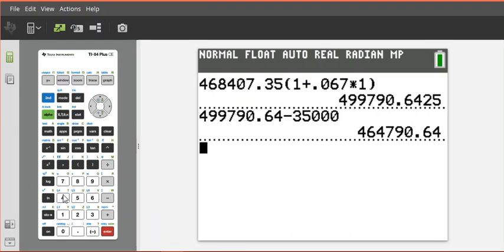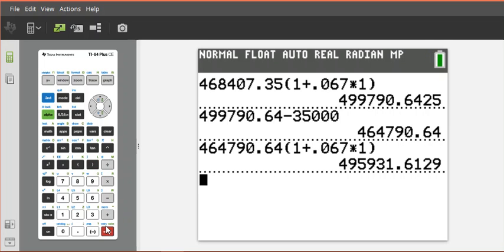We're going to have 464,790.64, open parentheses, times 1 plus the interest rate times the time. This is going to tell us the beginning balance right before the second payment is made.